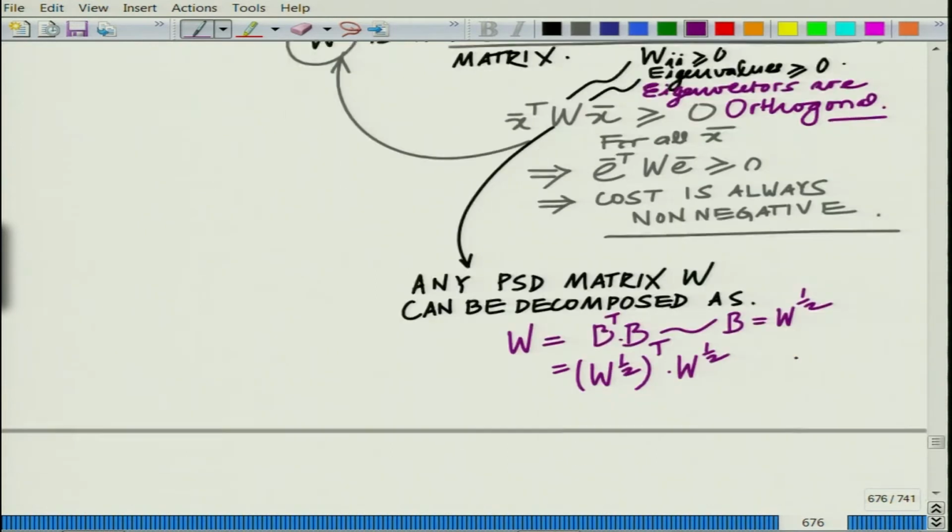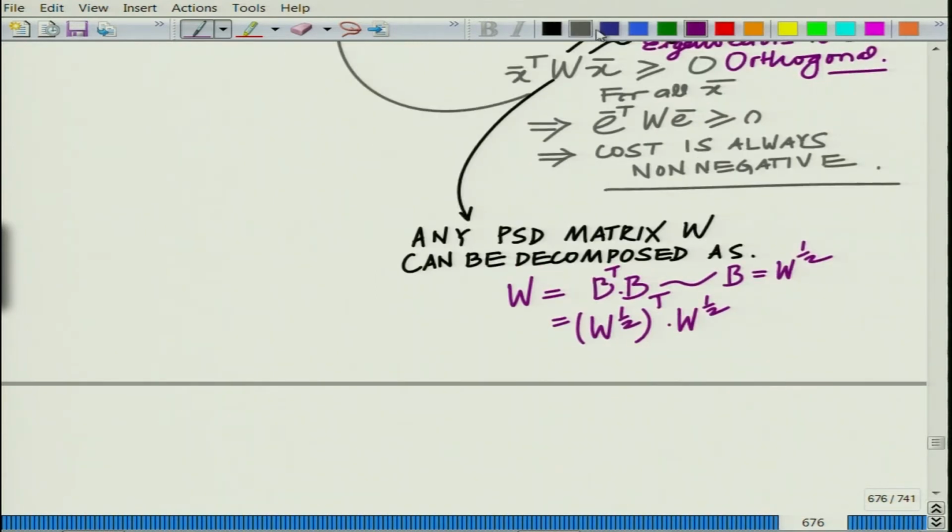This is known as the Cholesky decomposition, and it is possible for any PSD matrix. It is also known simply as the matrix square root.